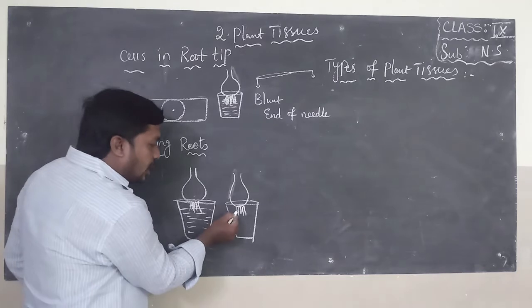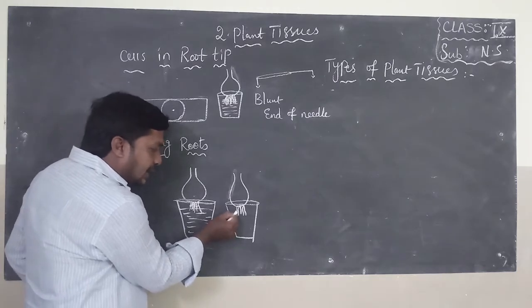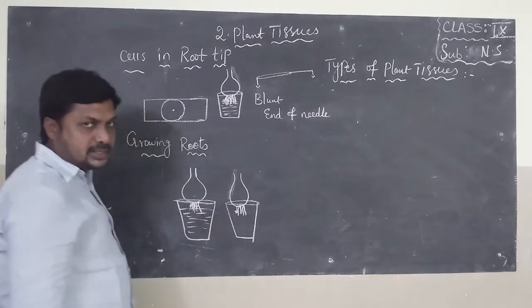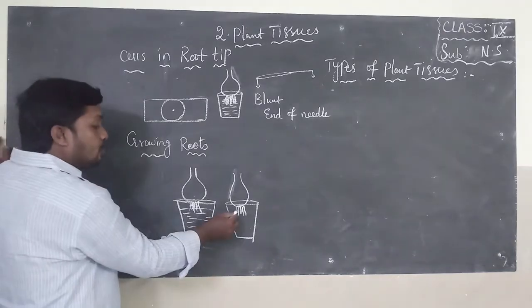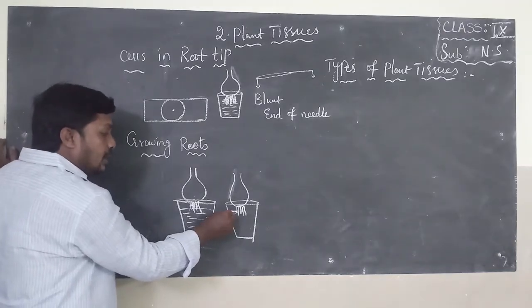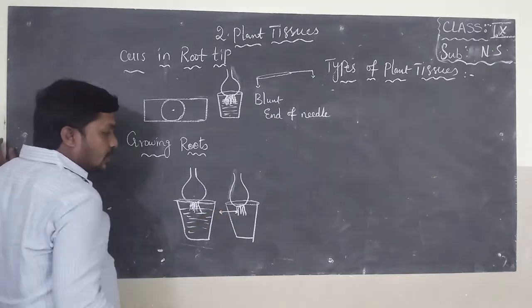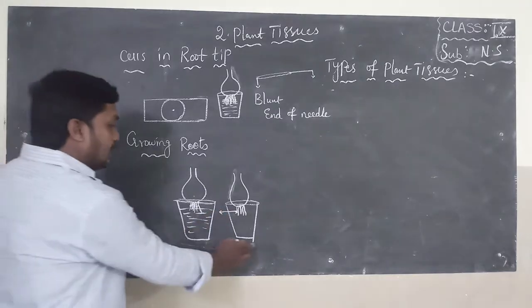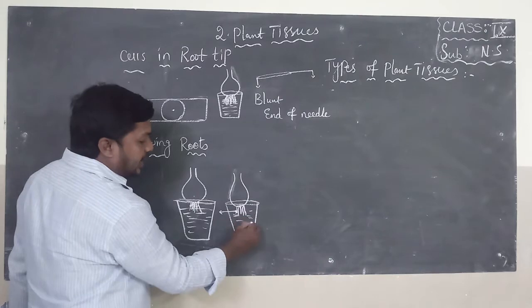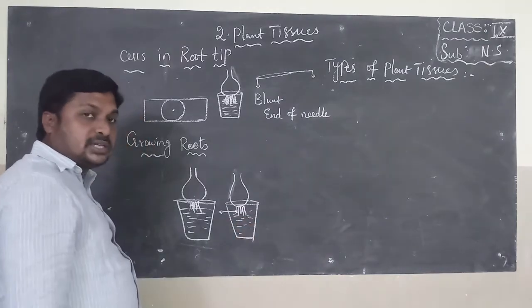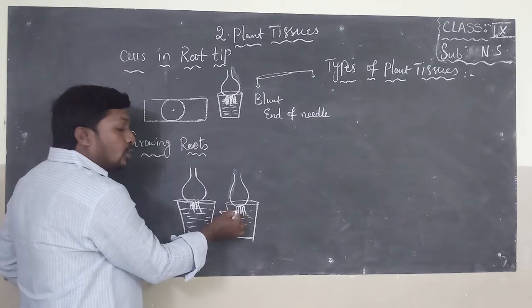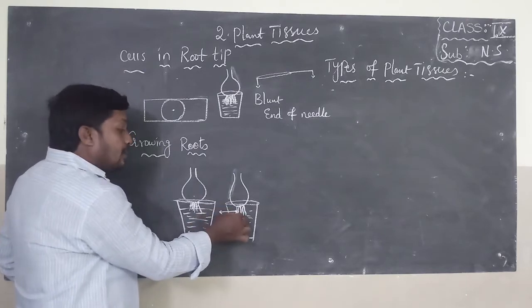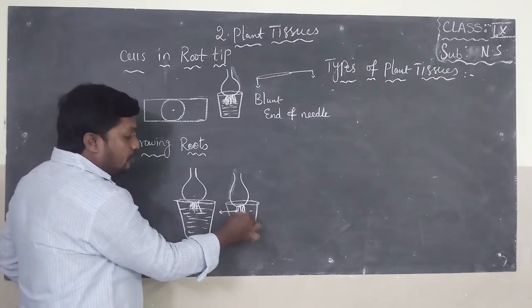Now take one root and cut the tip of the root like this, and mark the cut portion with a marker. Leave it for some days. After some days you can find, see here, the cut part of the root cannot grow well and the remaining roots grow well.